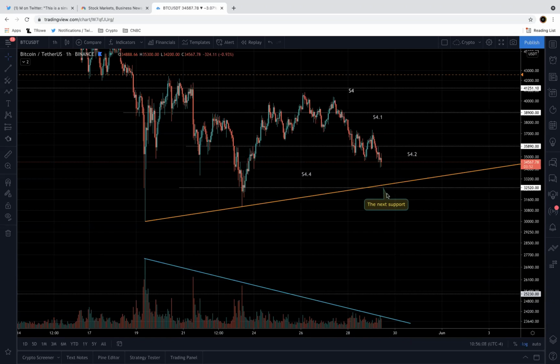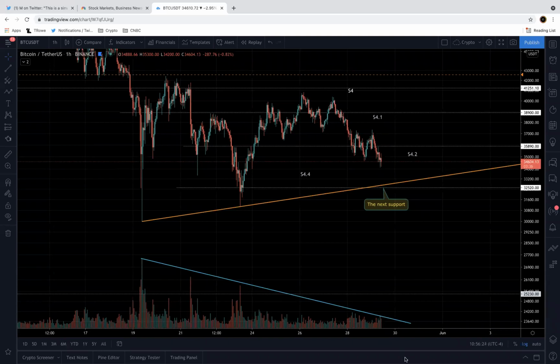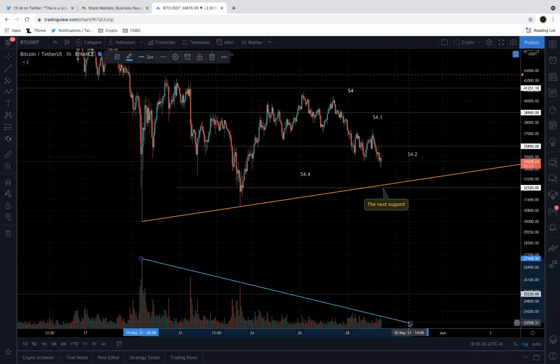Whether near this region or near this region. So that's something we have to see. Volume is giving us some timeline, and that timeline is 1 day or 2 days, and this balance will tell you the direction, right? So this is a simple explanation from a structure point of view, from a volume point of view.